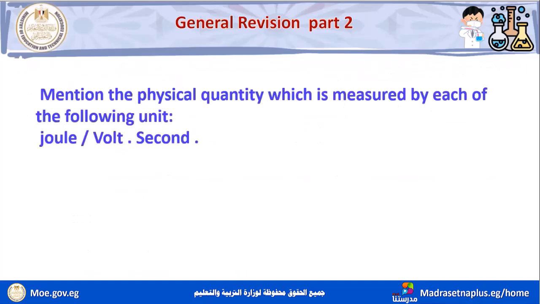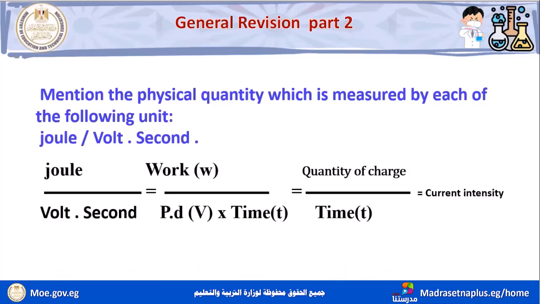Mention the physical quantity measured by each of the following units: joule divided by volt dot second. Joule is the measuring unit of work. Volt is the measuring unit of potential difference. Dot means times.